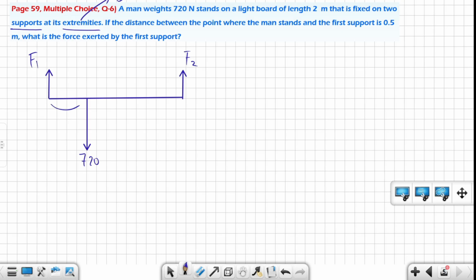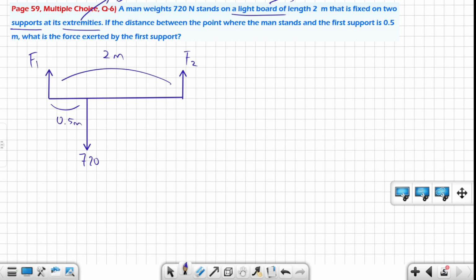From the first support, it is 0.5 meter. All of the length is 2 meter. It is a light board, so the mass of the board is not important, so we don't have weight of the board. If I had it, I would have drawn it at the center, which I'll have in the next example, but we don't have it in this one.